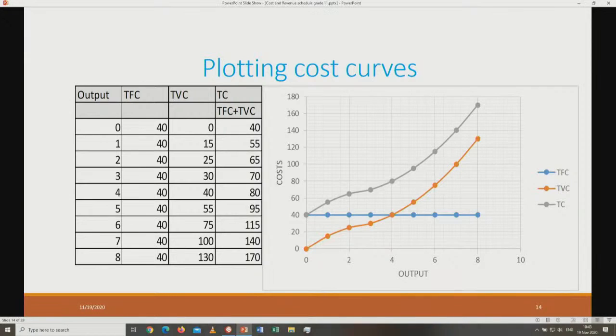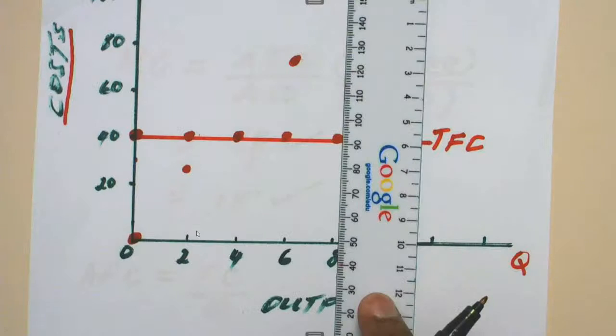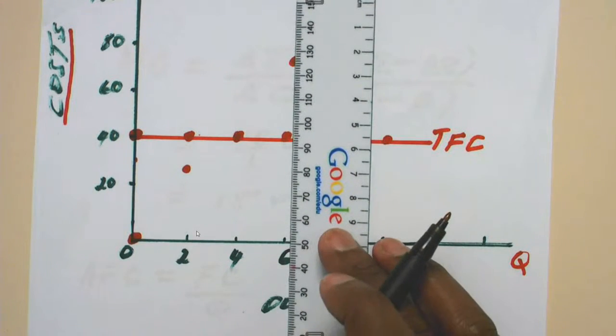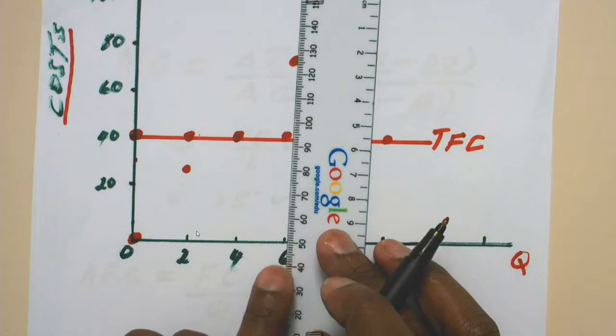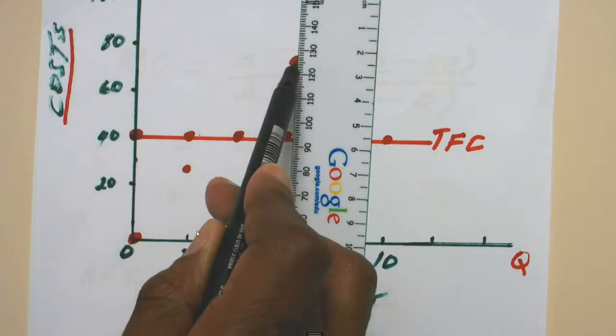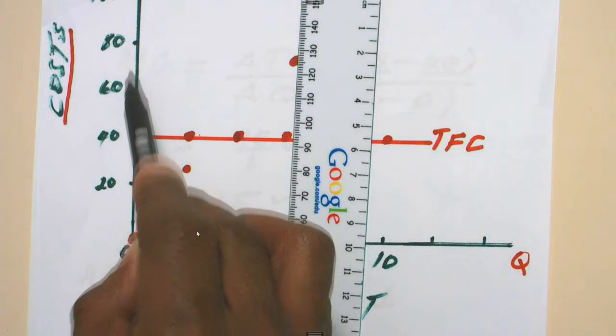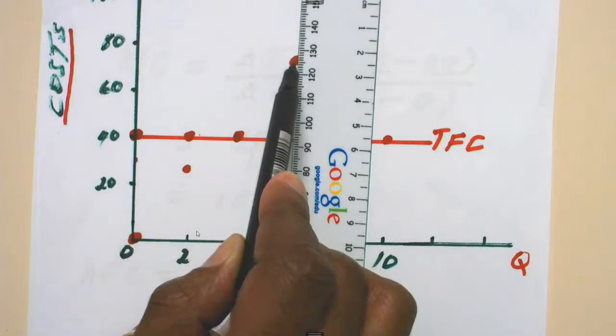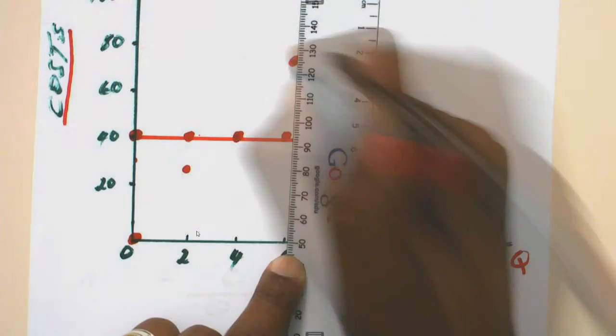Okay, I'm sorry, let me just go back and show you. For 6, it's 75. So this is 6 on your output. Your cost is 75 there. It's from 60, it's 70, and between 70 and 80, that's where you have your 75. So that's our next dot, right?